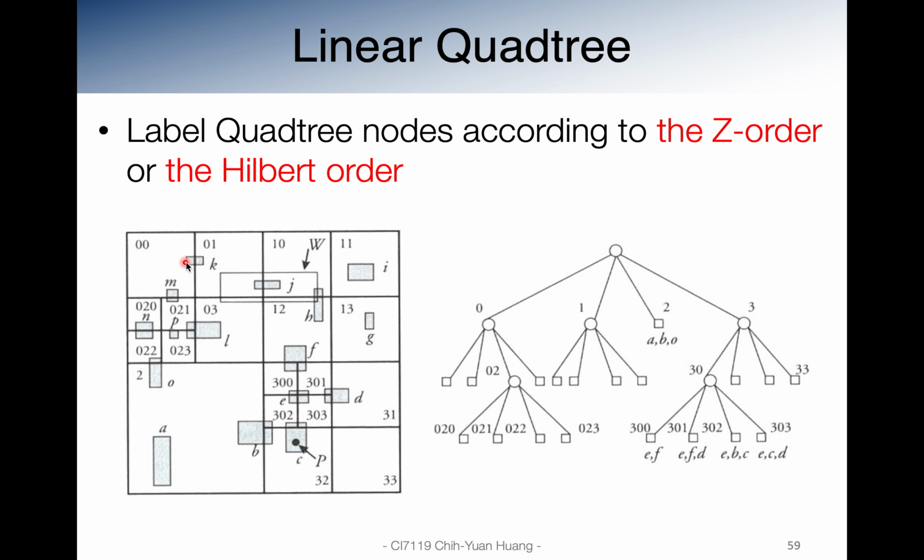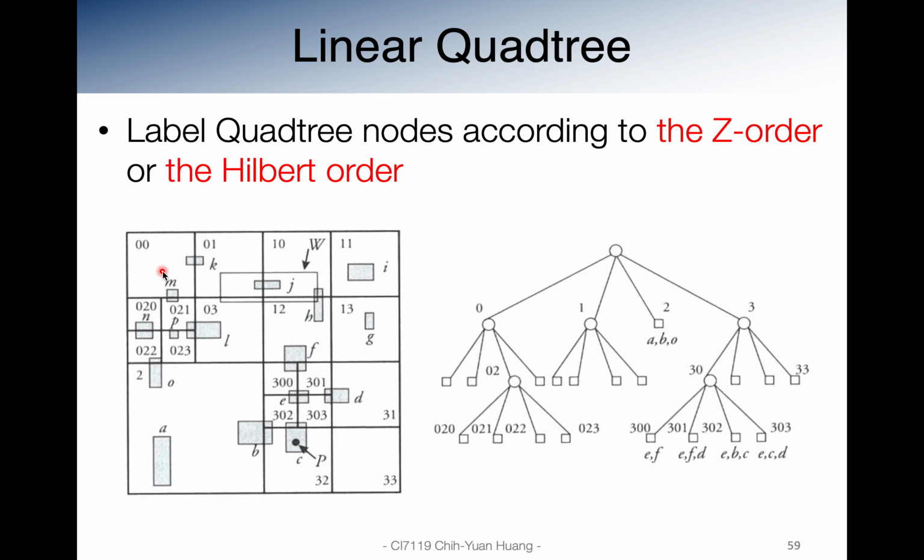But usually for the Quadtree, we will use the label that I just mentioned, for example 0, 1, 2, 3, 0 0, 0 1, 0 2, 0 3. Those are what we usually call the quad key. Quad means the quad of the Quadtree, and key means the label. So usually we just call it quad key.